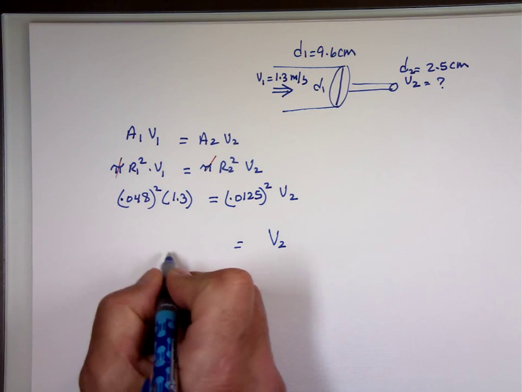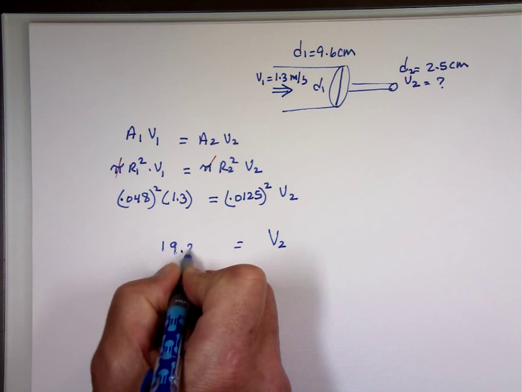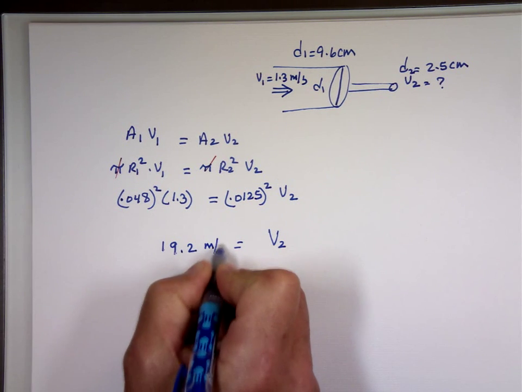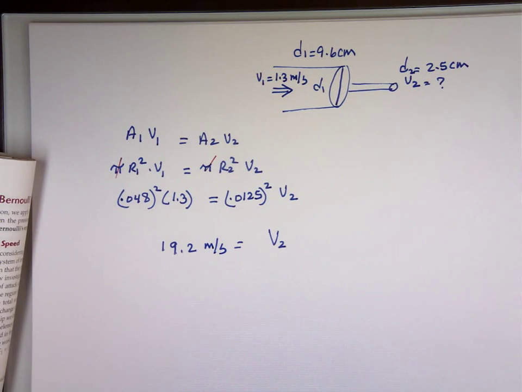So the velocity of the water coming out is 19.2 meters per second. It goes in at 1.3, it comes out at 19.2.